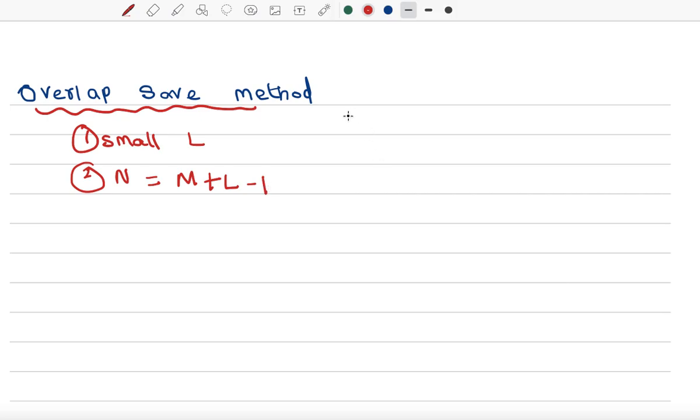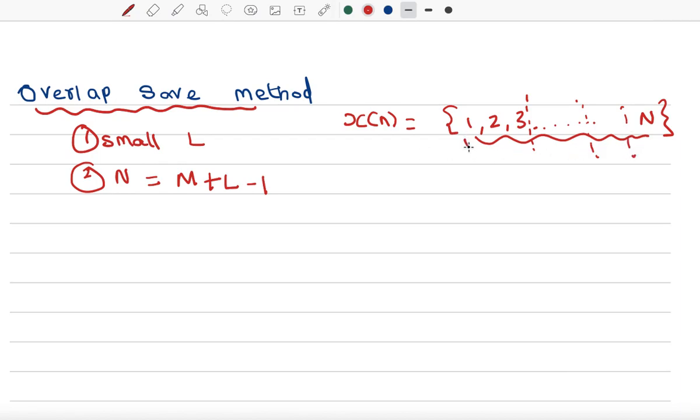Let us assume the input sequence given is 1, 2, 3, and so on up to n. This is the length of a long data sequence. We are going to segment this into small blocks, and the sub-block length is called L.